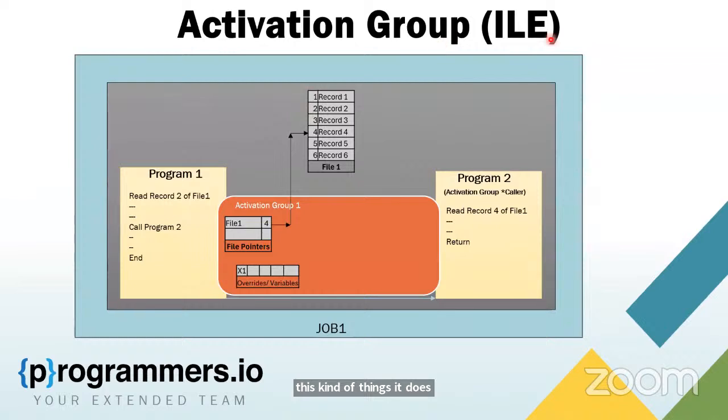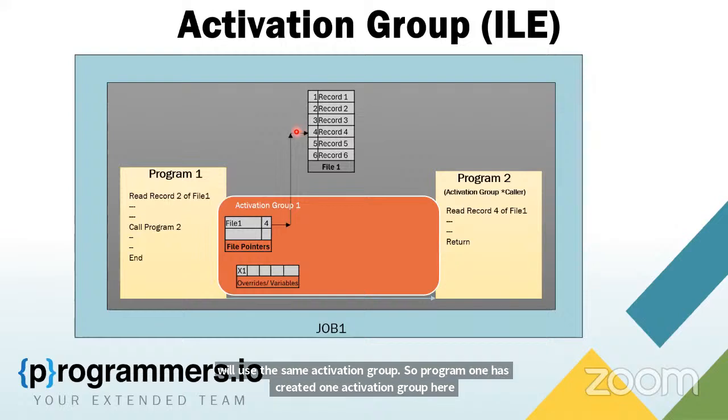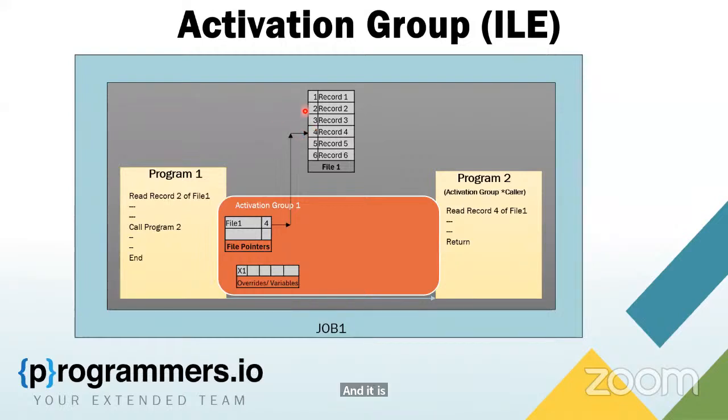Now, in ILE, what happens? For program 2, you say, I will use program 1's activation group. That is, whoever has called me, I will use the same activation group. So program 1 has created one activation group here, and it is pointing to record 2, let's say. Then it called program 2, which read record 4, and then it returned.